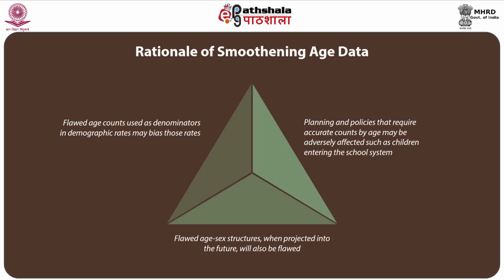because planning and policies require invariably accurate counts by age, otherwise the planning and policy process will get adversely affected. For example, children entering the school system must be known if one needs to plan for the educational system of a country.